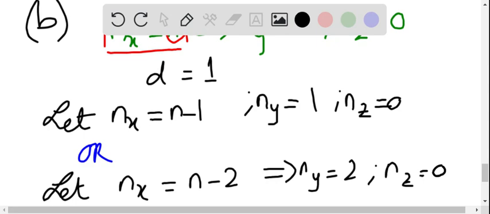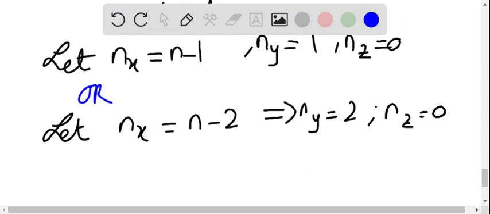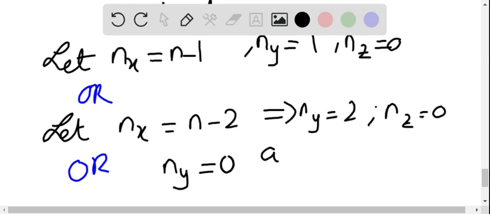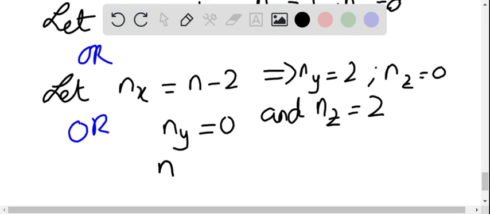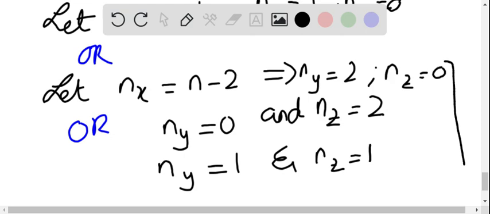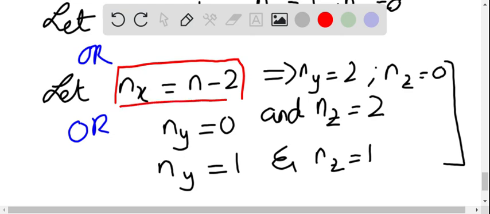Or we could consider that ny is equal to 0 and nz is equal to 2, right? Or ny is equal to 1 and nz is also equal to 1. Now these are the possible values of ny and nz when we are considering the case that nx is equal to n minus 2.